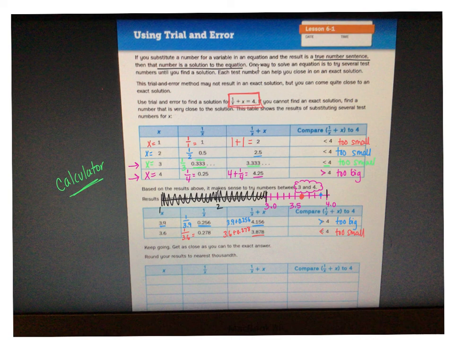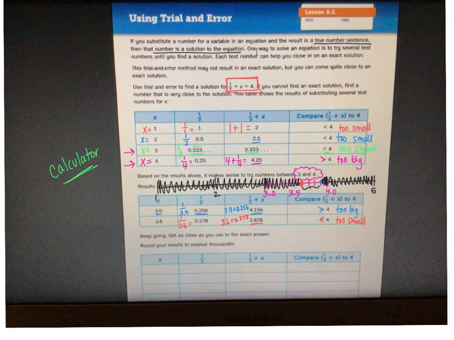And then we realized 4 was too big, so anything bigger than 4 wouldn't work. They tried 3 and 9/10, which was too big, so I squeeze in. They tried 3 and 6/10, that was too small, so any numbers below it don't work. I now know that my number has to be somewhere in between here. So maybe I will try something like 3 and 8/10.